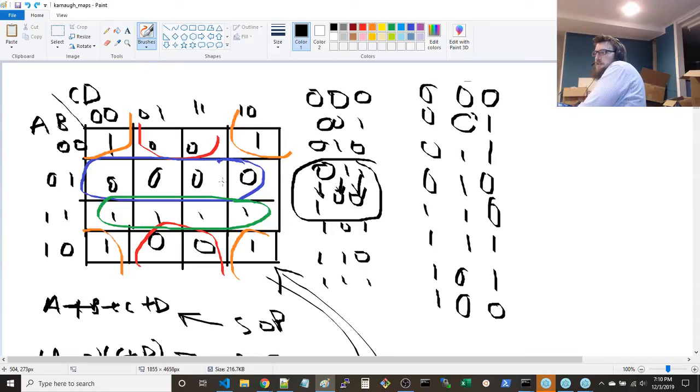And then if nothing matters, if all four of them don't matter, then you've just got one grouping to look at. If three things don't matter, then you've got two groupings per truth value to consider. So that means there's 8 different groupings to look at.